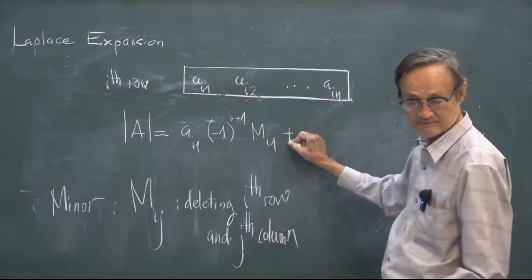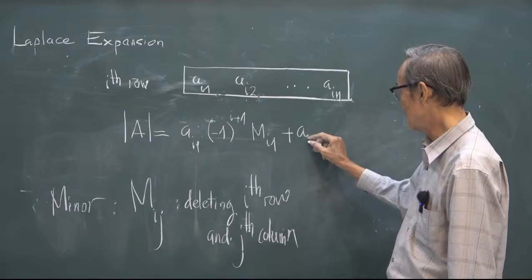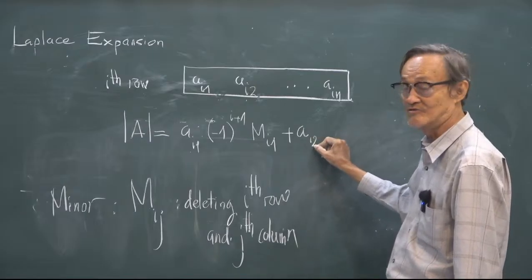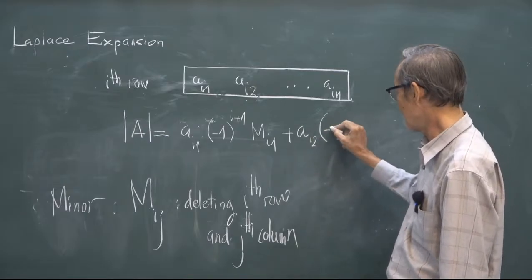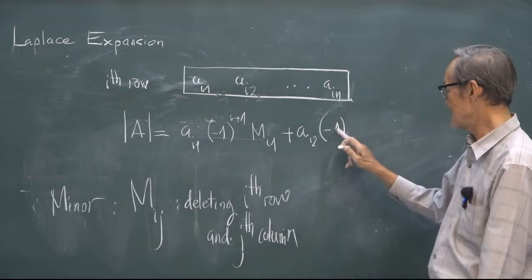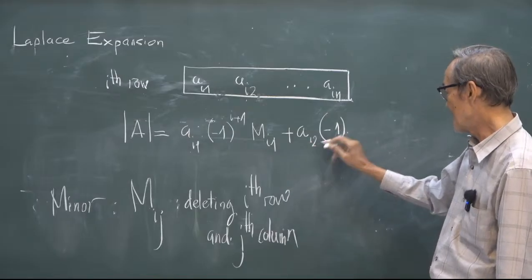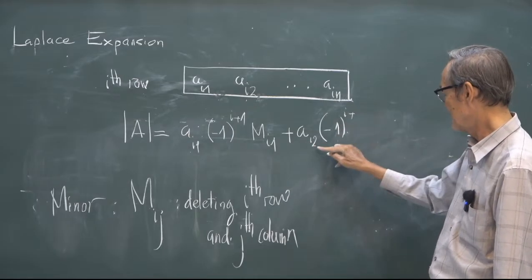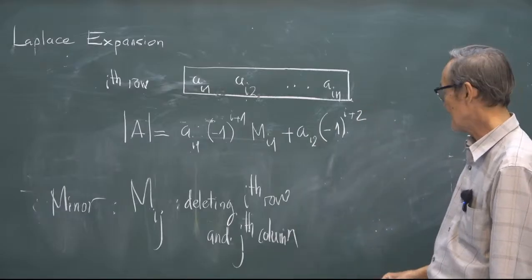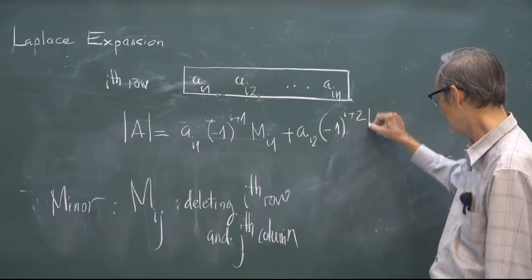And plus this element, write down a_i2 times minus 1 to the power i plus 2, row i plus column 2, and deleting the ith row and second column.